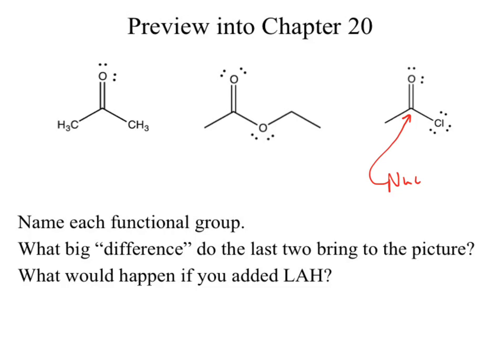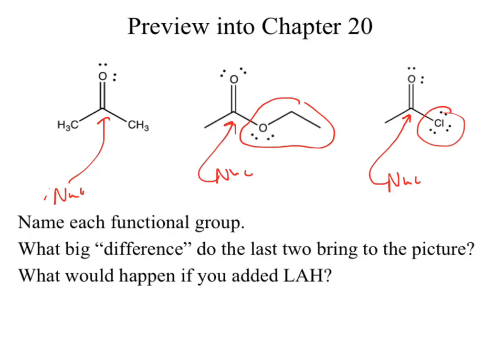If I have a nucleophile attack, what was that, Matt? Say it louder. That last one, I have a leaving group in the chloride. The second one, I also have a leaving group. It's not as good of a leaving group, but I also have a leaving group there. And the first one, what's my leaving group?